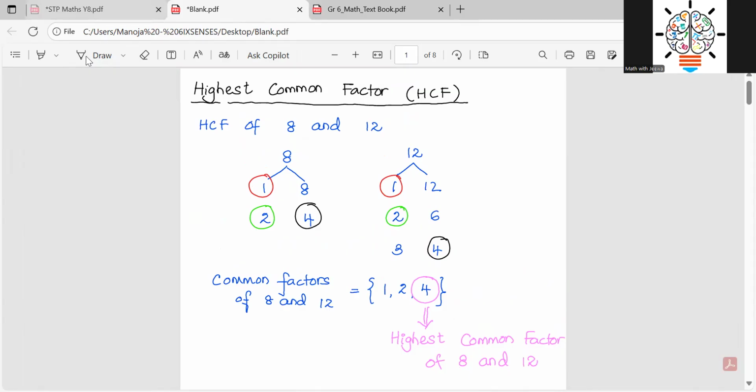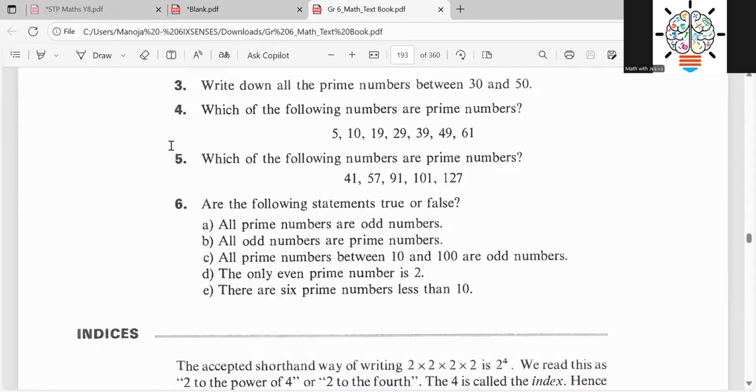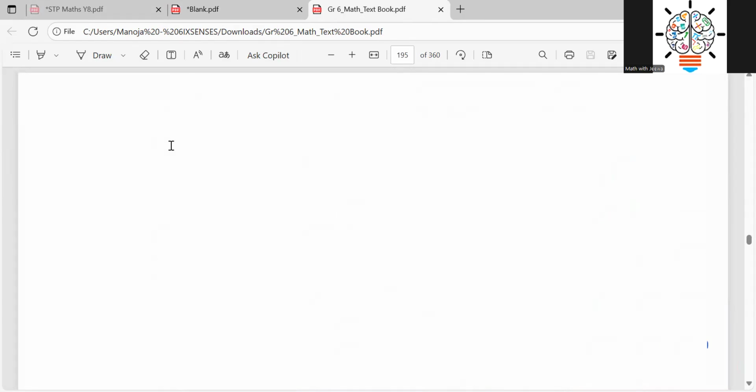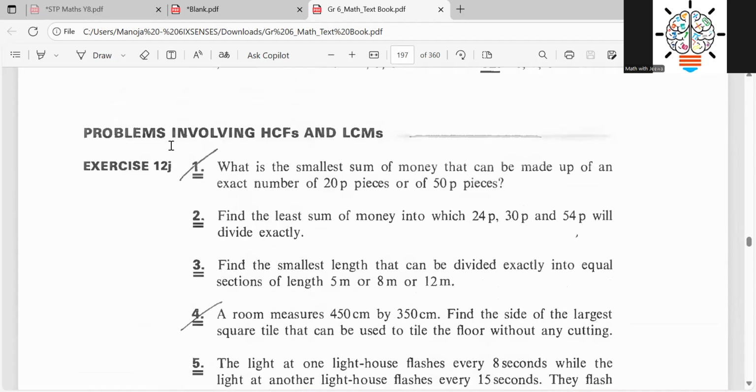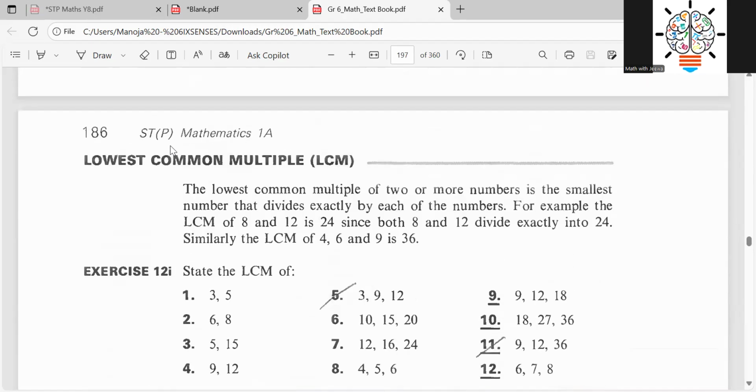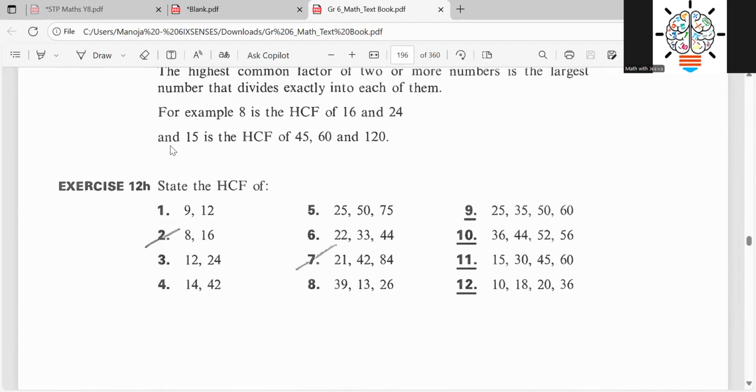Now we'll take another question from the book itself. Highest common factor, HCF. Let's say we have 22, 33, 44, question number 6, right?